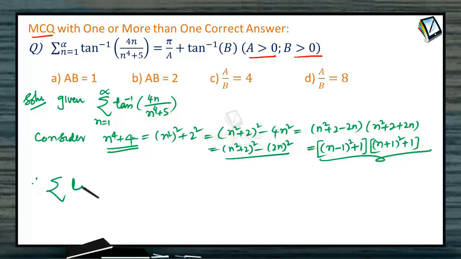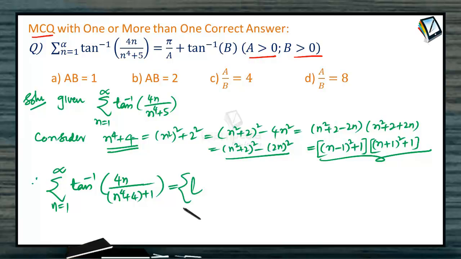Therefore the sum of tan inverse of 4n by n power 4 plus 5, I can write n power 4 plus 4 plus 1, where the summation ranges from n equal to 1 to infinity, as the sum of tan inverse of 4n.